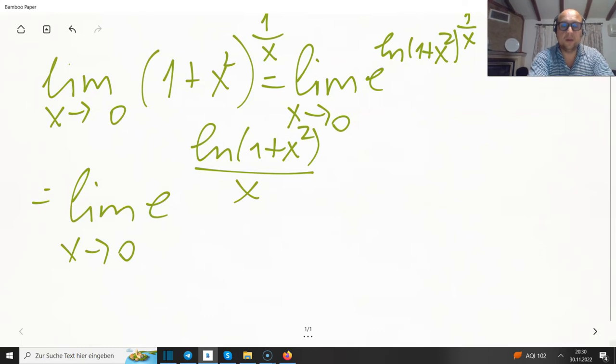So this is the power, and we would like to figure out what's happening. ln of 1 is going to 0, and x is going to 0 as well. Once again, whose speed is greater, who is going to win? Let's do it on the next page.